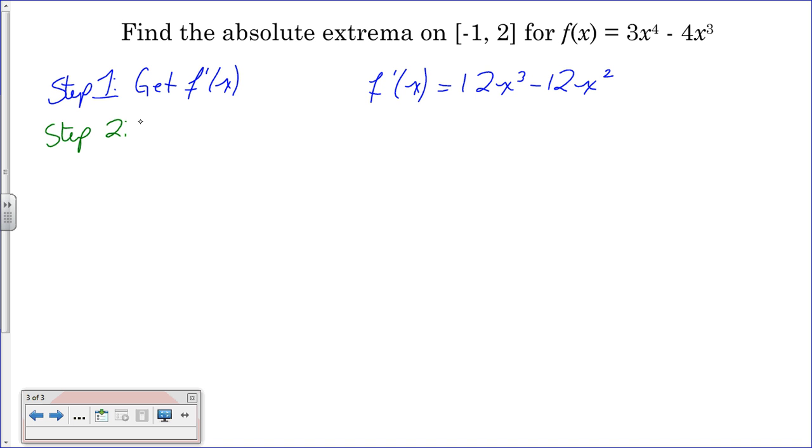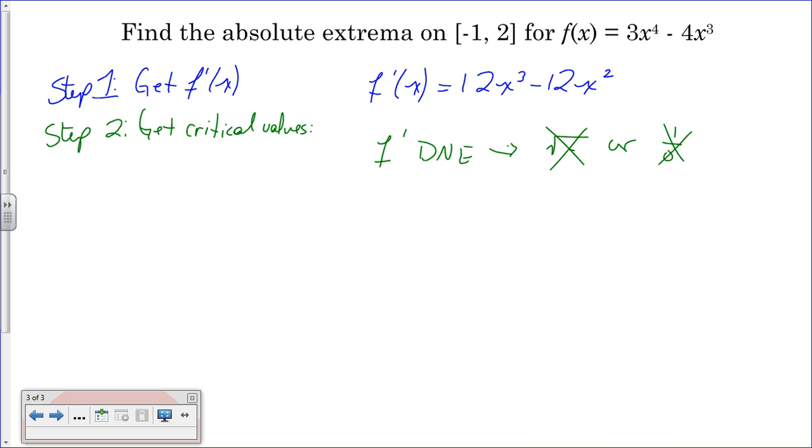We need to get our critical values. How did we do that? Remember, you set f prime to does not exist, which means the square root of a negative number or 1 over 0. We don't have any of those.